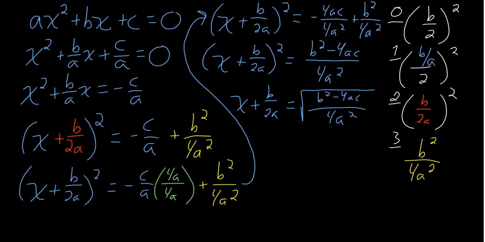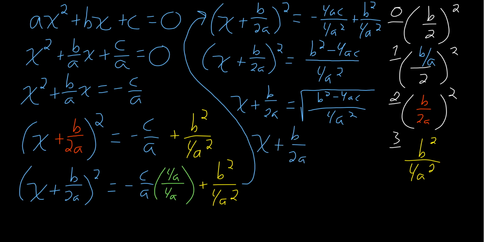And like we saw on the previous example, this is the same thing as saying the square root of the numerator over the square root of the denominator, right? Well, the square root of the denominator is a perfect square. The square root of 4a squared is simply 2a. So we can rewrite this as x, and I'm definitely running out of room.